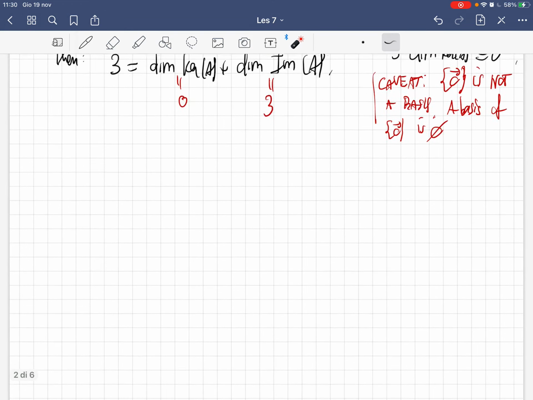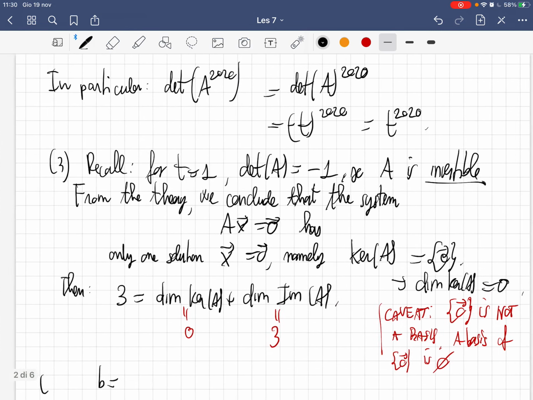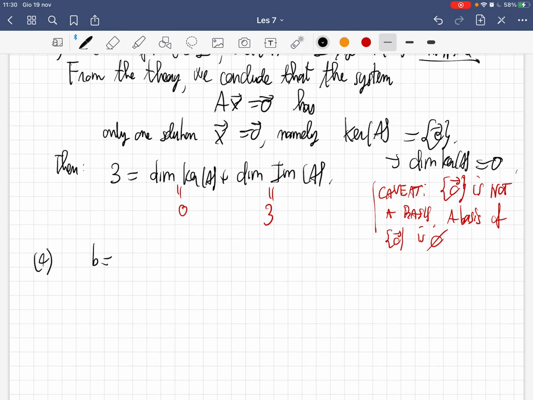So we just have to look. Take B, if you want, this is the fourth vector.